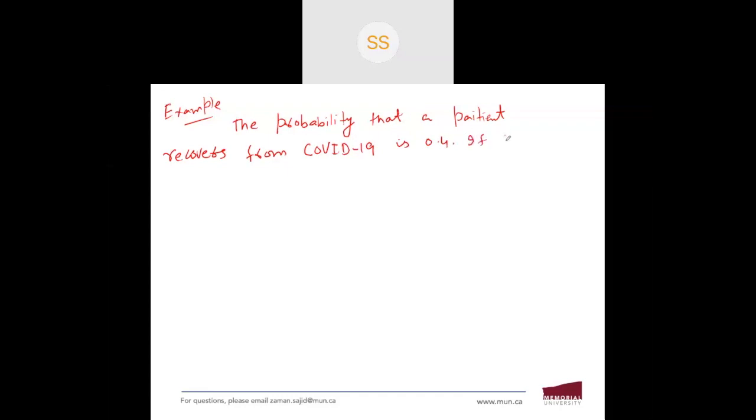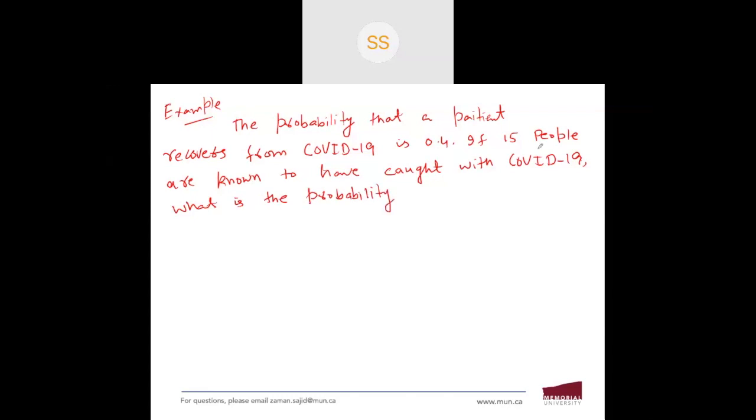If 15 people are known to have caught COVID-19, for example, we need to find out the probability that, so the first objective here is exactly 5 survive.